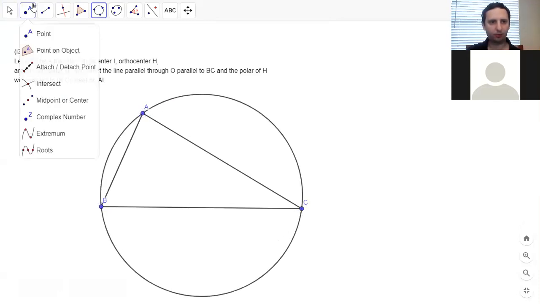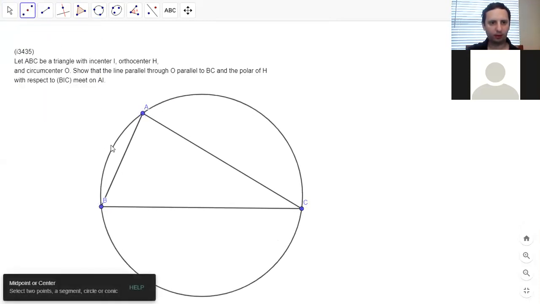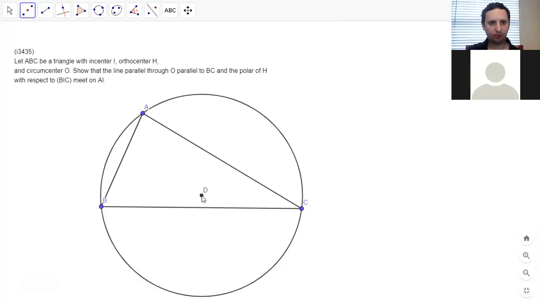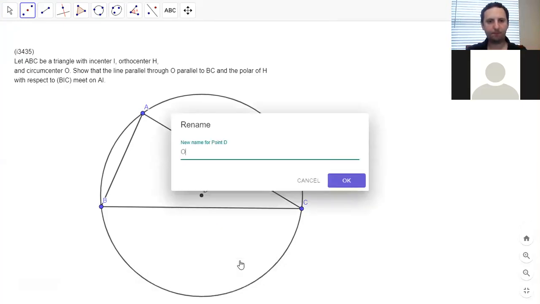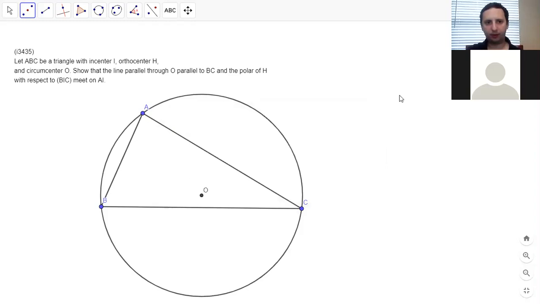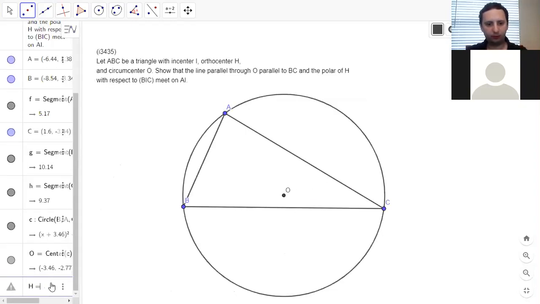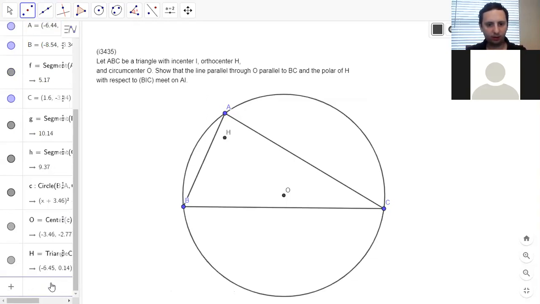So there's the circumcircle, and here's the circumcenter O. And then we draw the incenter and the orthocenter. H is the orthocenter. And then draw the incenter.